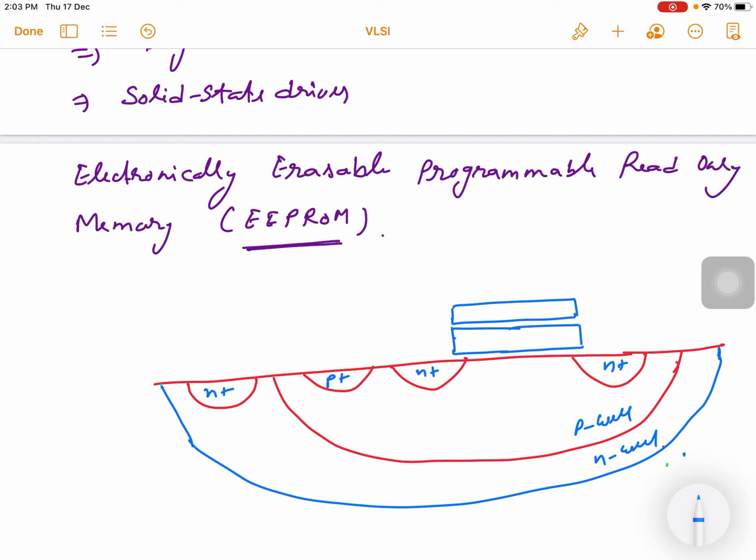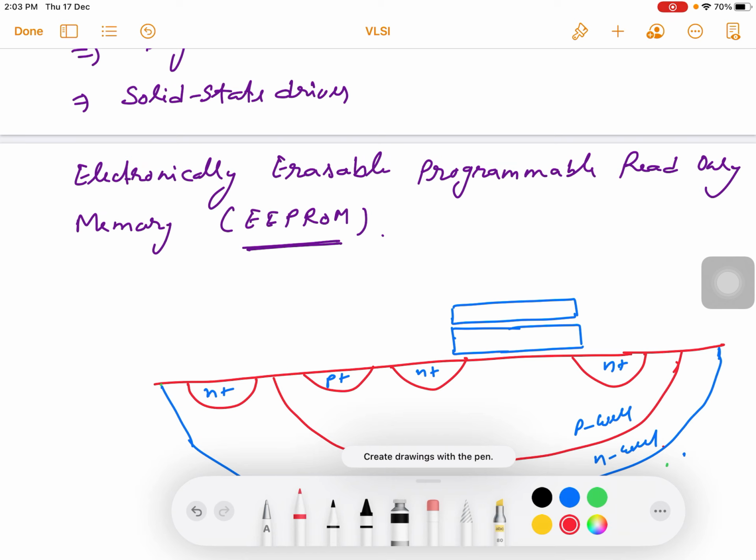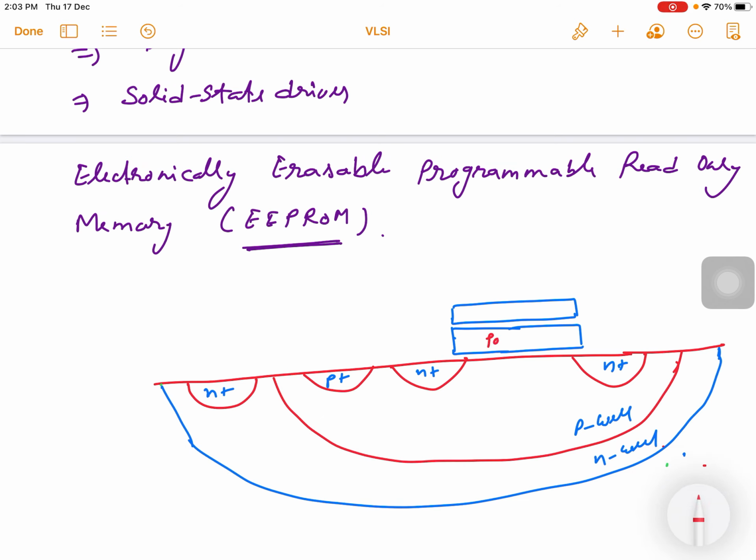This is poly 1, this is poly 2, polysilicon.